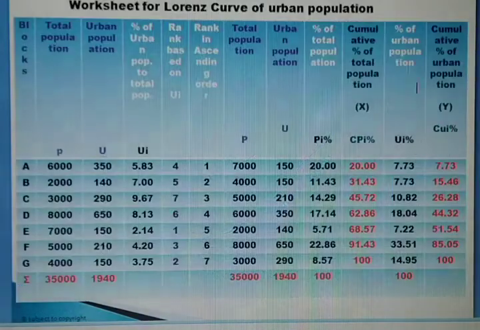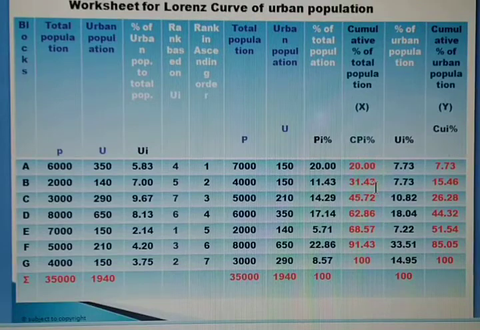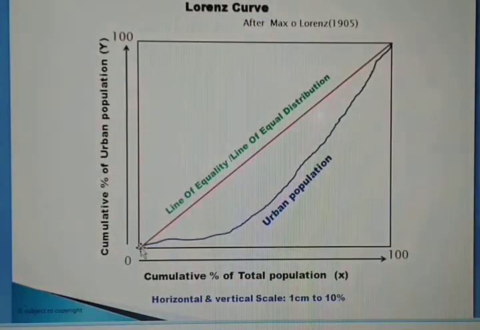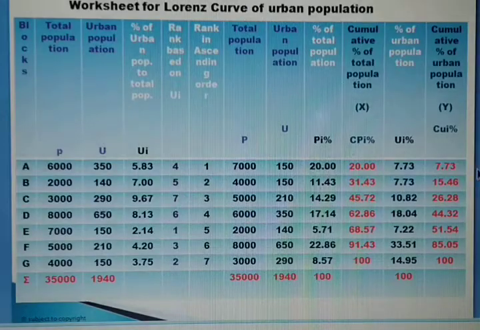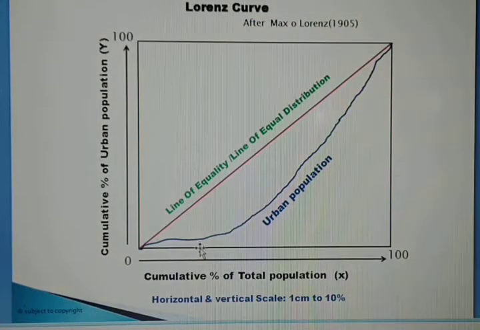After that you can see here the x value is 31.43 and the y value is 15.46. So here it is actually 31, and after that vertically you have to take 15.46. In this way you will get different points, and finally the points should be joined with a freehand curve.